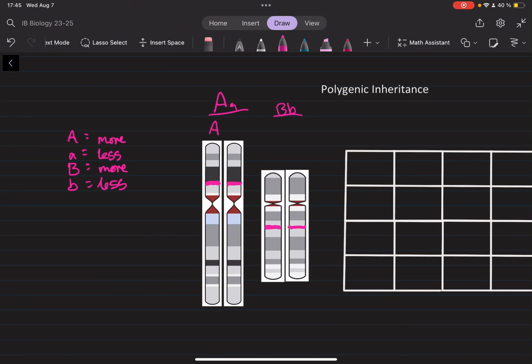Let's say that these both code for A, and then these ones code for small b and one big B. That means that there is more melanin being released. However, there are still some drawbacks, so to speak. There's still one gene that's telling the body don't produce more melanin.